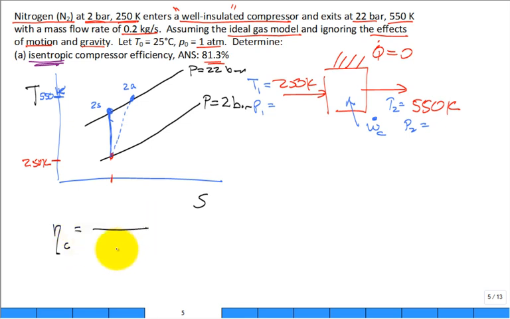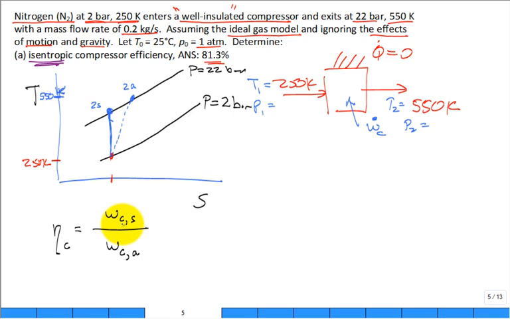It's a ratio of two powers, if you like, or two specific energies, or ratios of enthalpies. There's a lot of ways to work it. But it would be something like, my actual work into the compressor compared to the minimum work into the compressor to achieve the same pressure change. The compressor really isn't to beat it up and make it hot. The compressor is just to boost the pressure. That's the goal. I need to get it up to 22 bar.